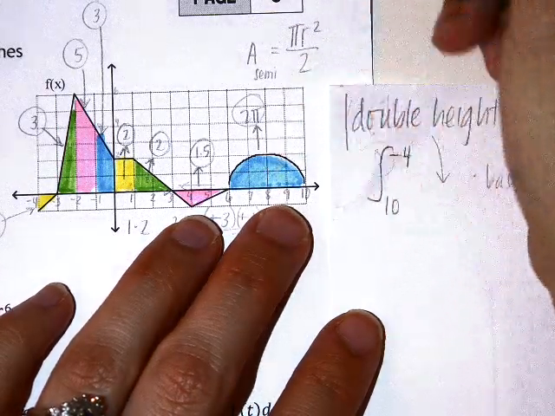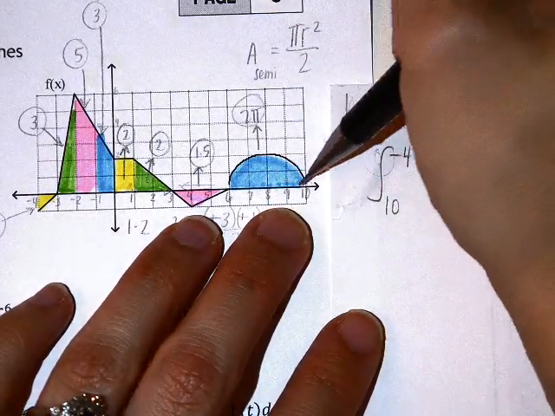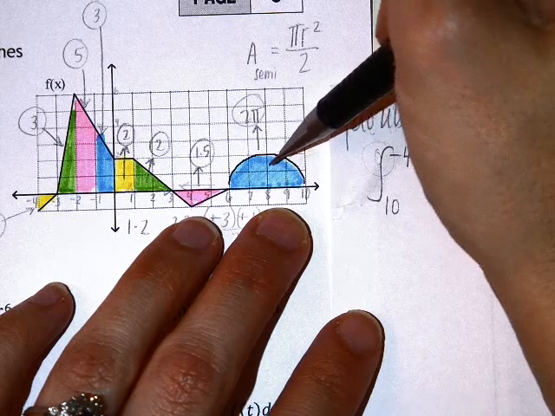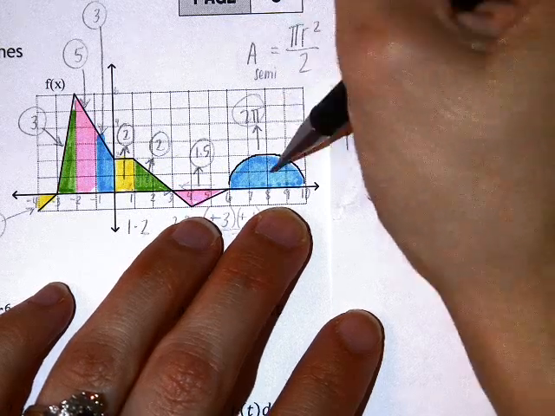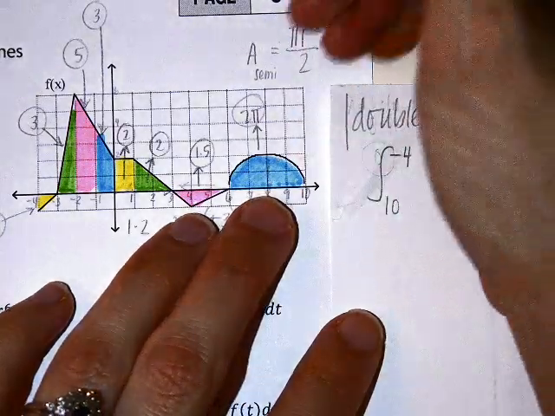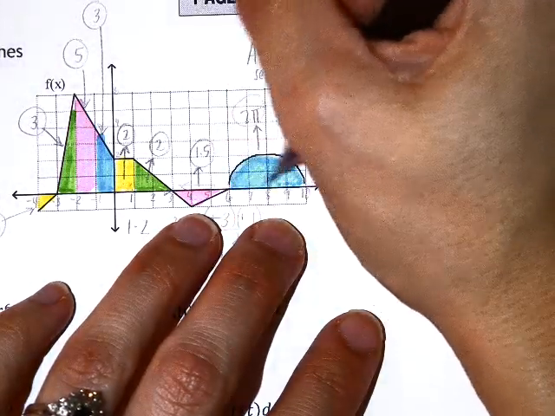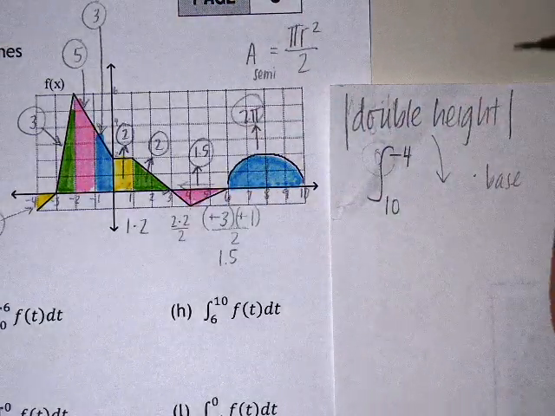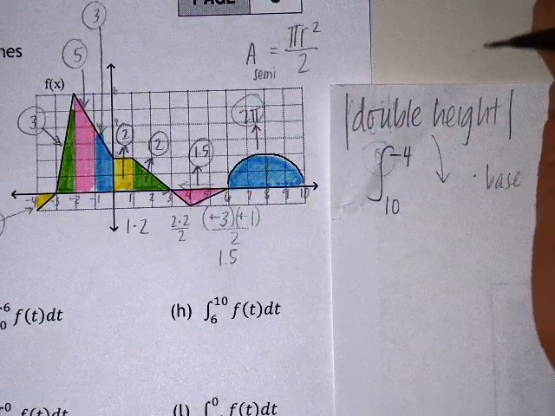Now, it's a little tricky to think about semicircles as having a base and a height. So if you want to think of the height as 2, that might make a little sense. If you want to think of the base as 4, you can be a little bit liberal with this if you want to. But here's the moral of the story.